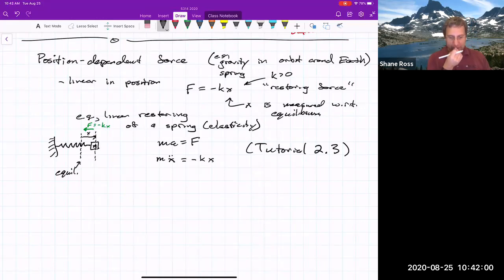So we should have an idea of what would happen. This would be called a sanity check. What does your intuition tell you? You pull on the spring, or rather you pull on the mass, and then you release it, and then you expect it'll oscillate back and forth, right? So we'll get oscillatory motion.